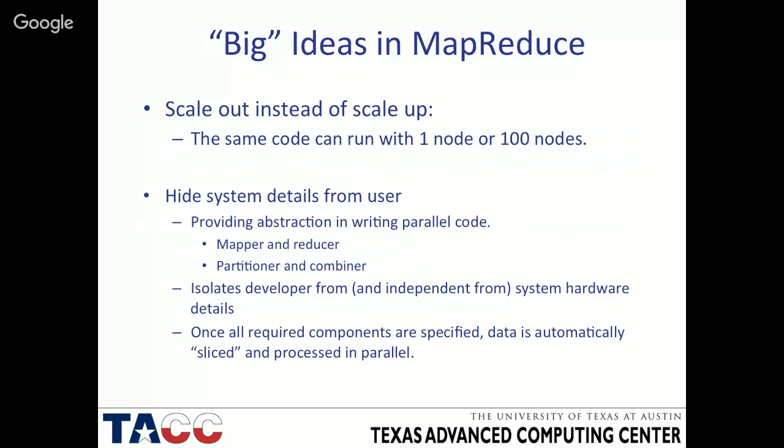That's another really good feature we want people to learn and use, because it's much easier for users to do development and to make their program scalable. By doing those, the good thing about the MapReduce programming model is that it hides the system's details from the users.